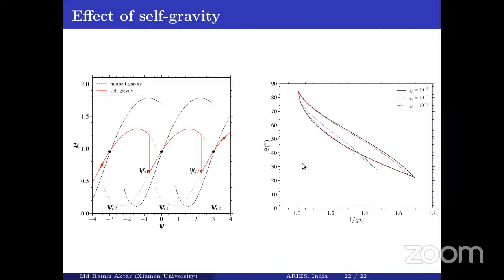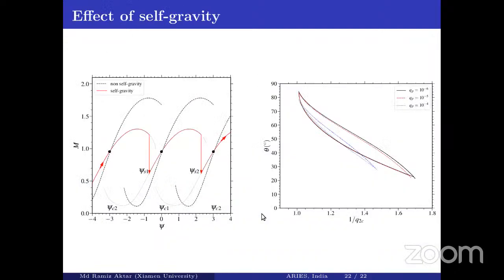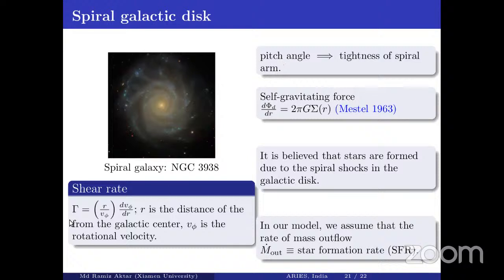This kind of study will help to understand the correlation between the pitch angle and the shear rate from our model. Based on that, we also try to calculate the star forming rate for various spiral galaxies. For these galaxies, the pitch angle and the shear rate have already been observed or measured.